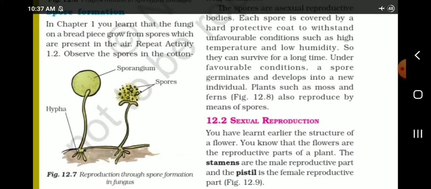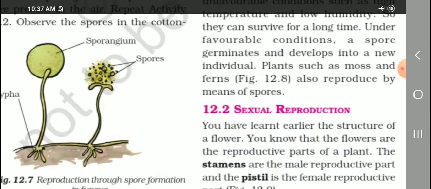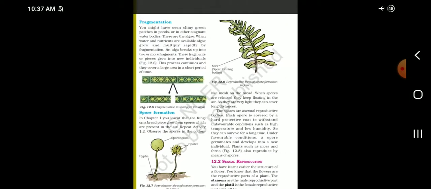The reproductive parts of plants are the stamens and pistil. Male reproductive part: stamens. Female reproductive part: pistil. That's all.